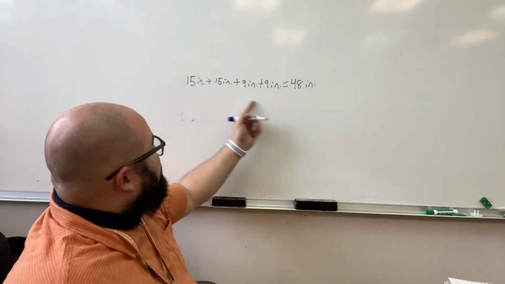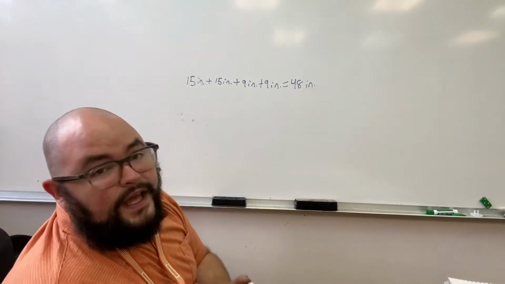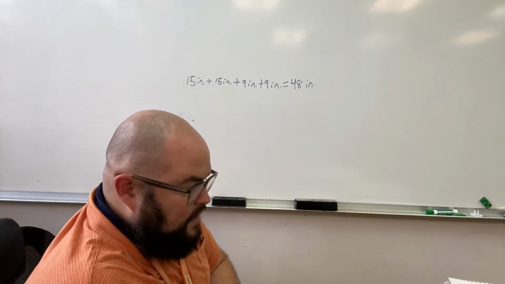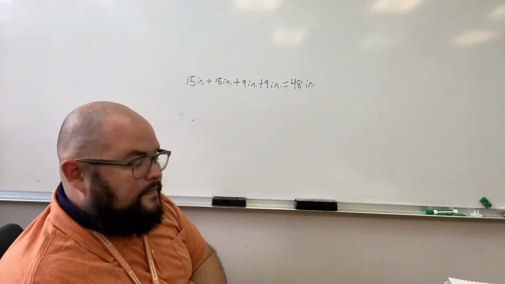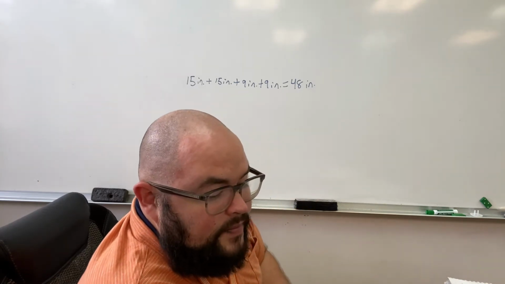Is that our equation? Is that what we did? 15 plus 15 plus 9 plus 9 is 48, right? There are a few different ways to do this. I'm not going to talk about number 2 just now. I want to skip over to page 33.